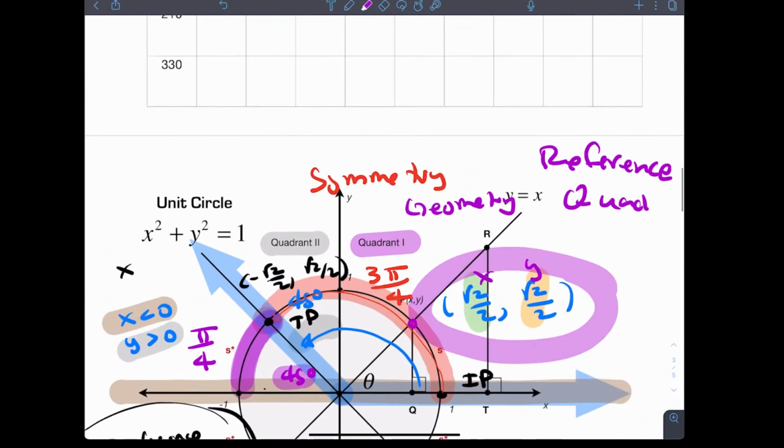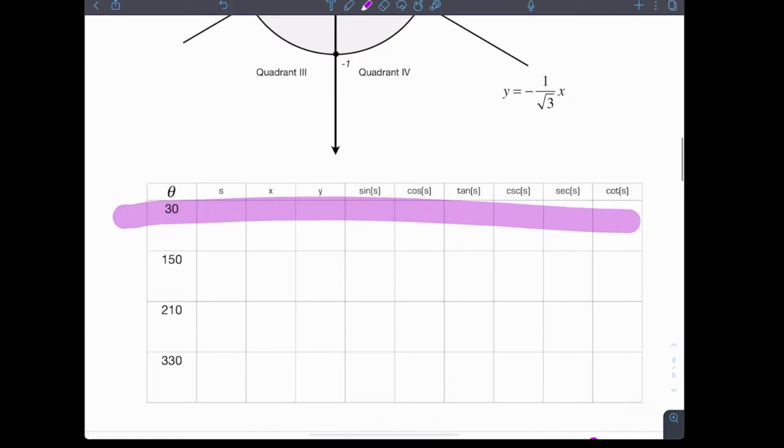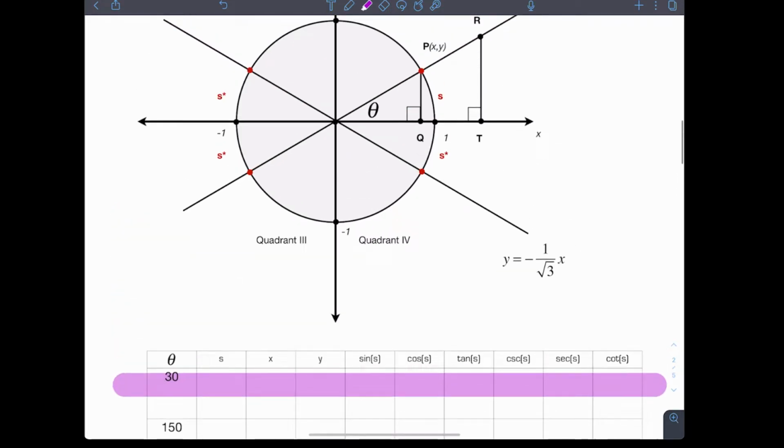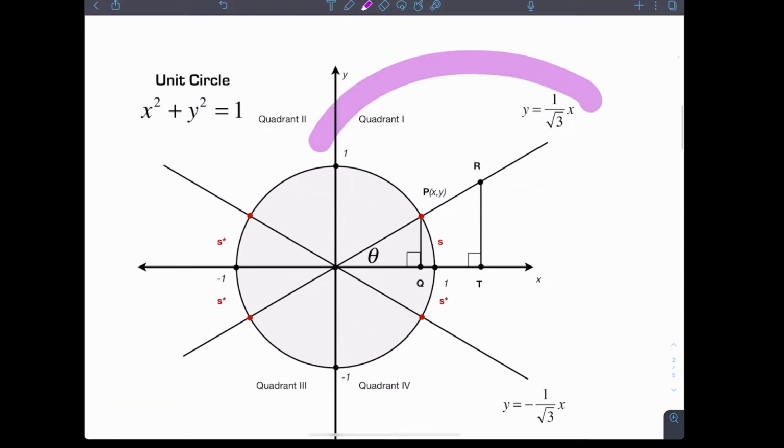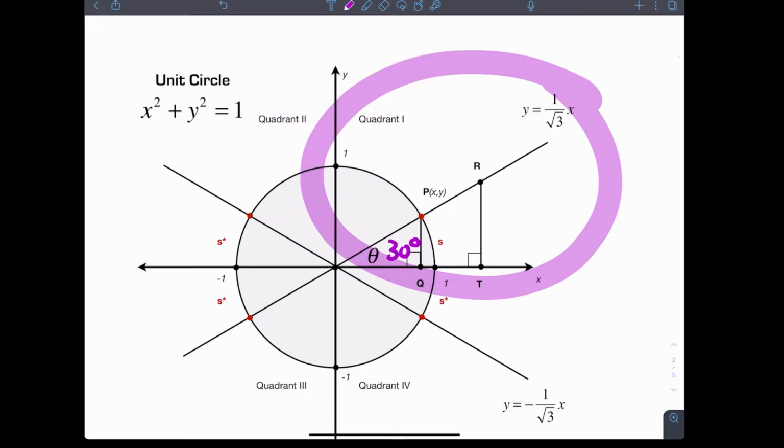And so here I started with 30 degrees. Meaning the quadrant 1 here, this is a 30-degree angle. It's the same definitions. You get this reference point. You're going to be able to use that. Just change the signs for sine, cosine, and tangent for whatever quadrant you're in.